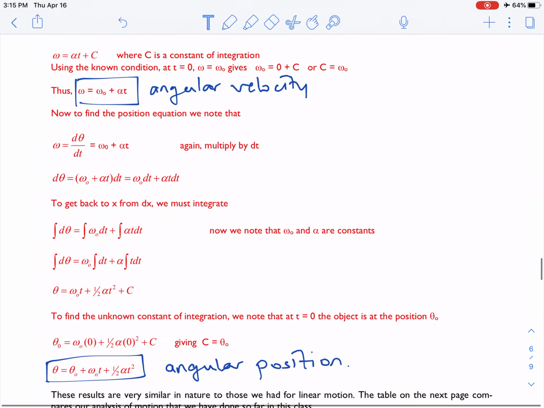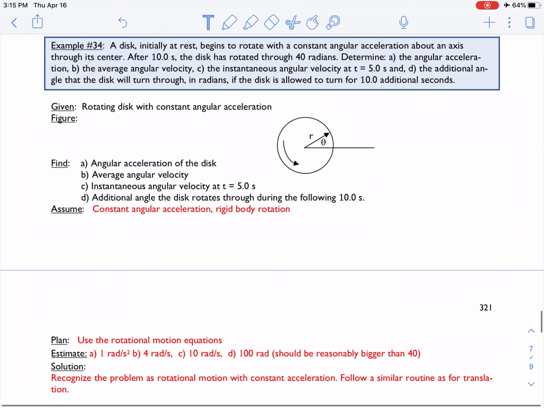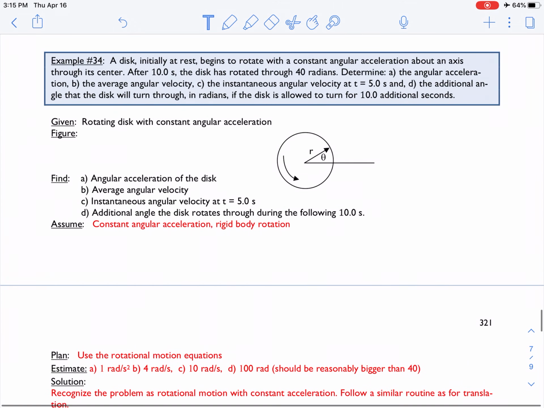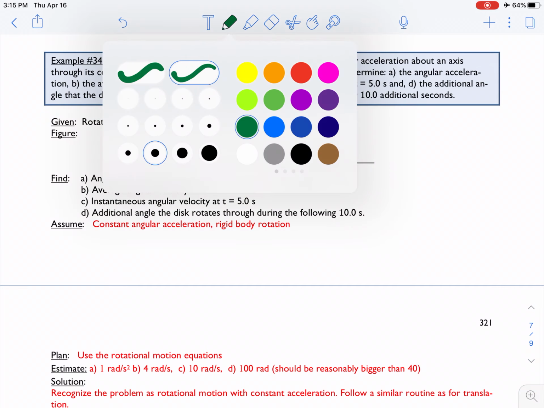So I'm going to go back to the example problem now. A disk initially at rest begins to rotate with a constant angular acceleration about an axis through its center. So the rotation is right at the center.